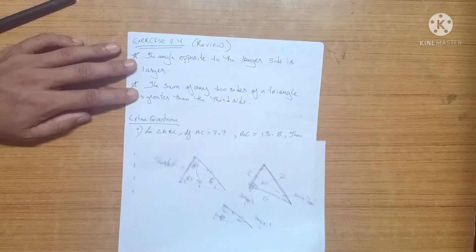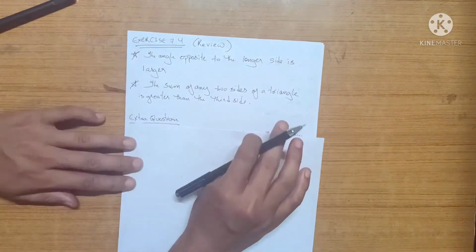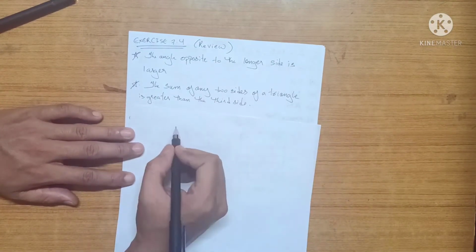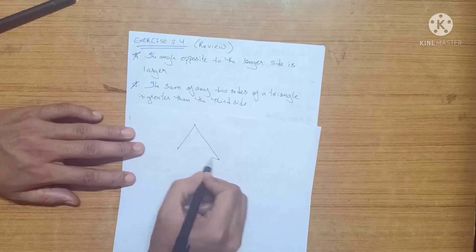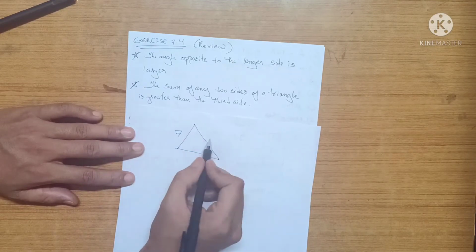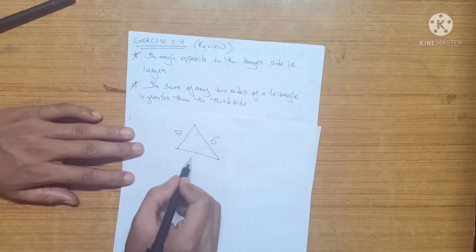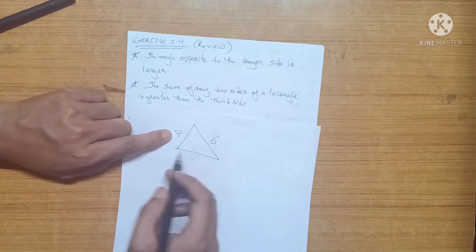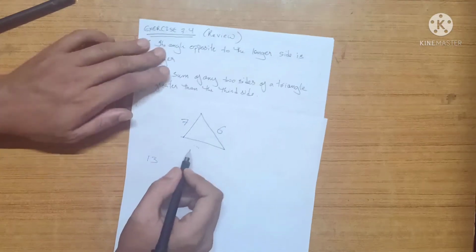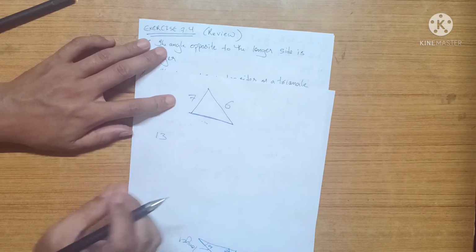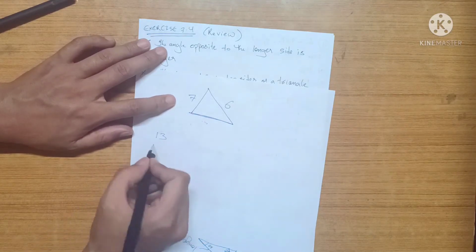Okay. And then the third one, not the second one, is that the sum of any two sides of a triangle is greater than the third side. So in case this is a triangle, if this is 7, this is 6, then 7 plus 6 is 13, right? So this side should, no matter what, be smaller than 13.